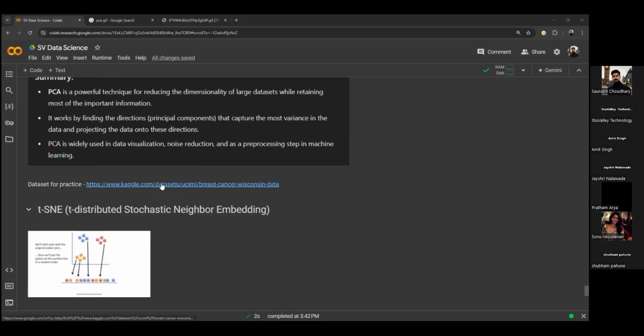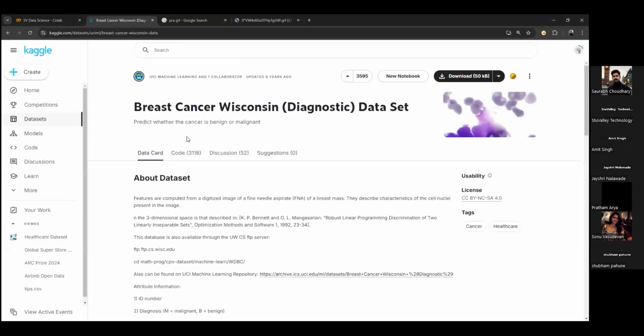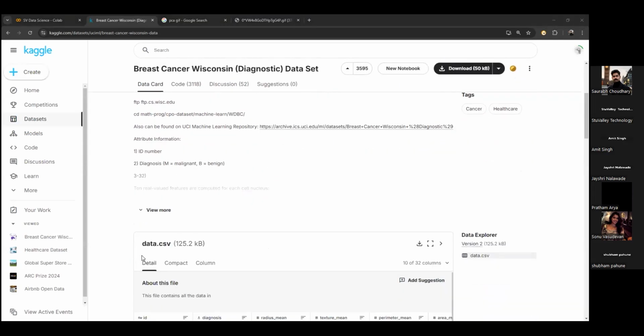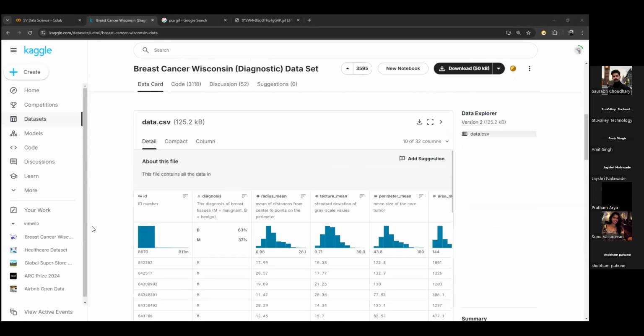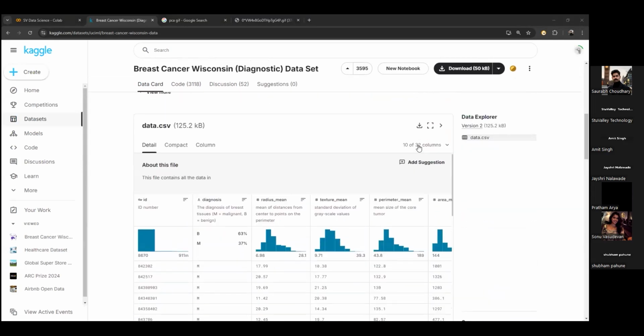Okay, I'm giving you one data set, students. See this. It has 32 columns, very many.